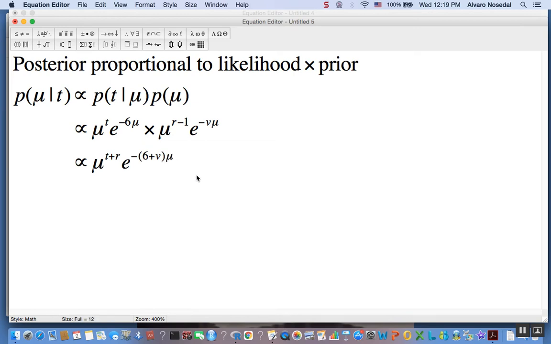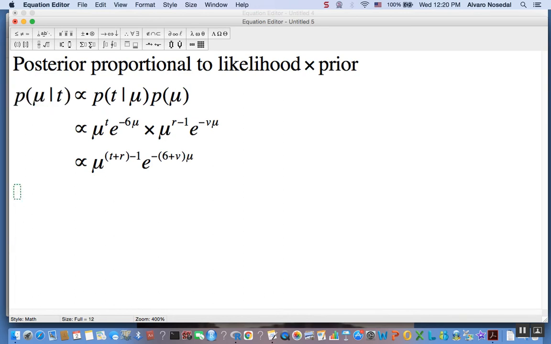Make sense? And here we also have a minus 1, I was forgetting that one there. Okay. So when you see something like this, you go, oh, that kernel, meaning that functional form, ignoring the constant, looks like the kernel of gamma.